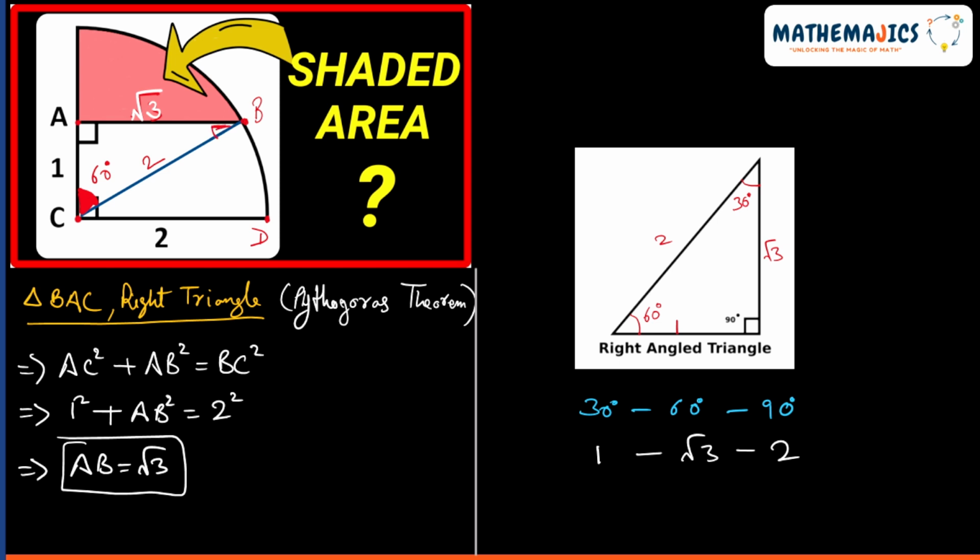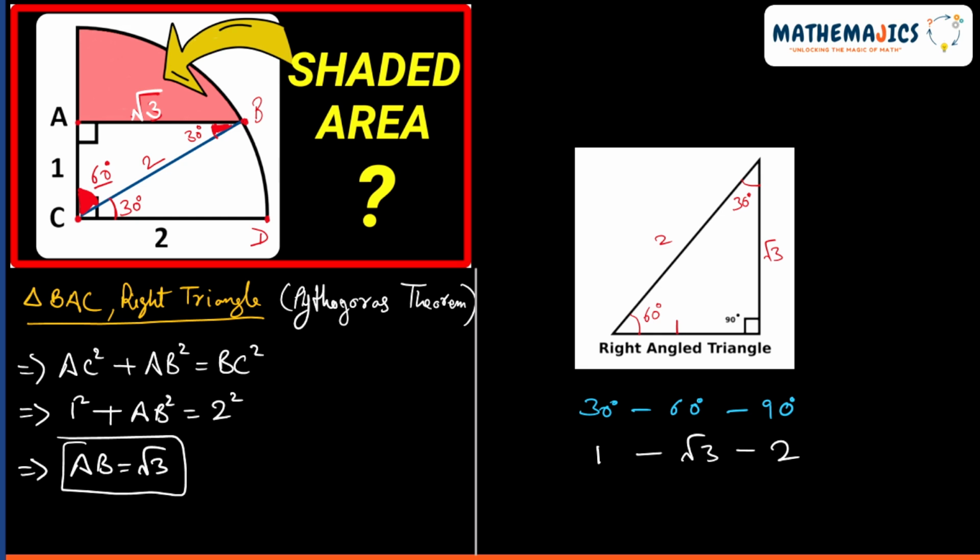That means this angle will be 30 degree. Though we don't need it, still you should know this, correct? Now, if this angle is 60 degree, what will be this angle? This angle will be 30 degree. Why? Because this was a quarter circle. This angle was 90 degree. Out of 90, we got 60 here. So remaining 30 will be this angle, correct?